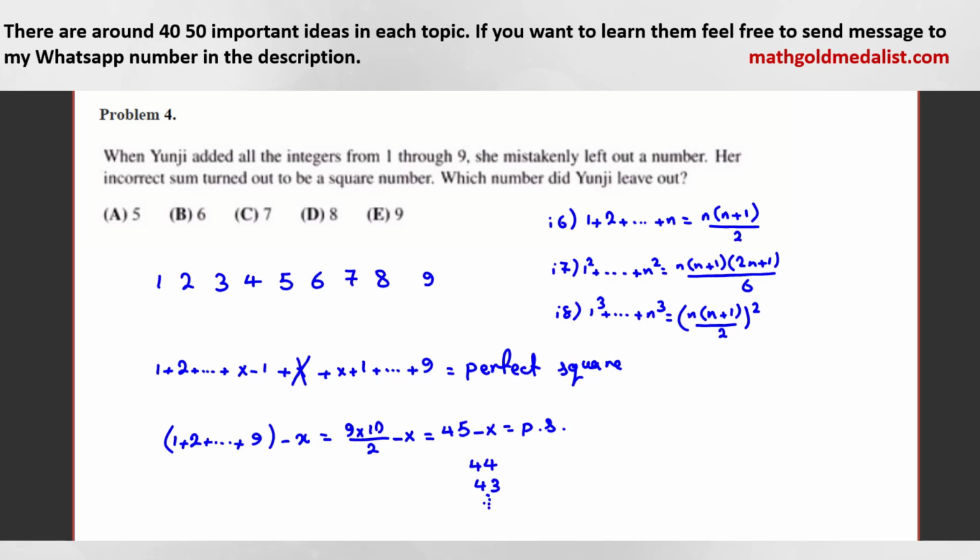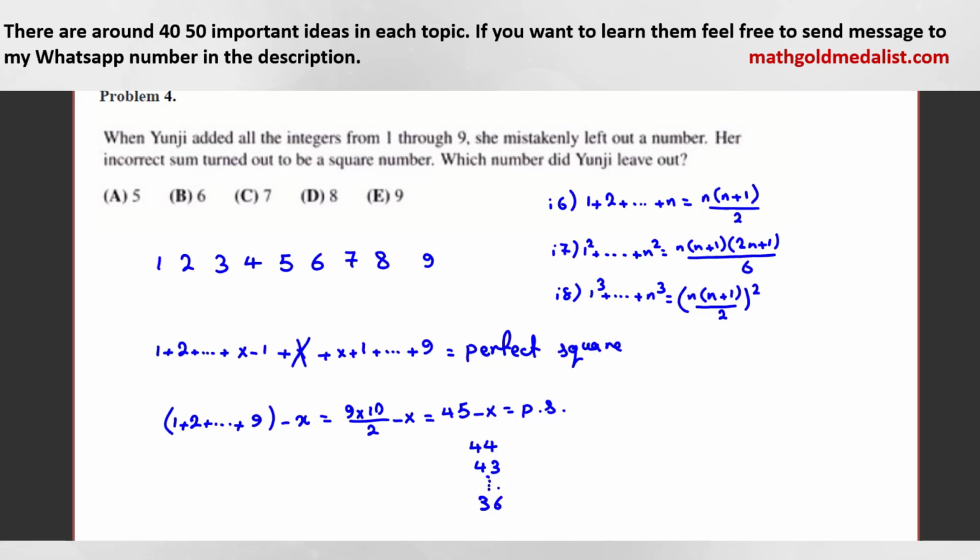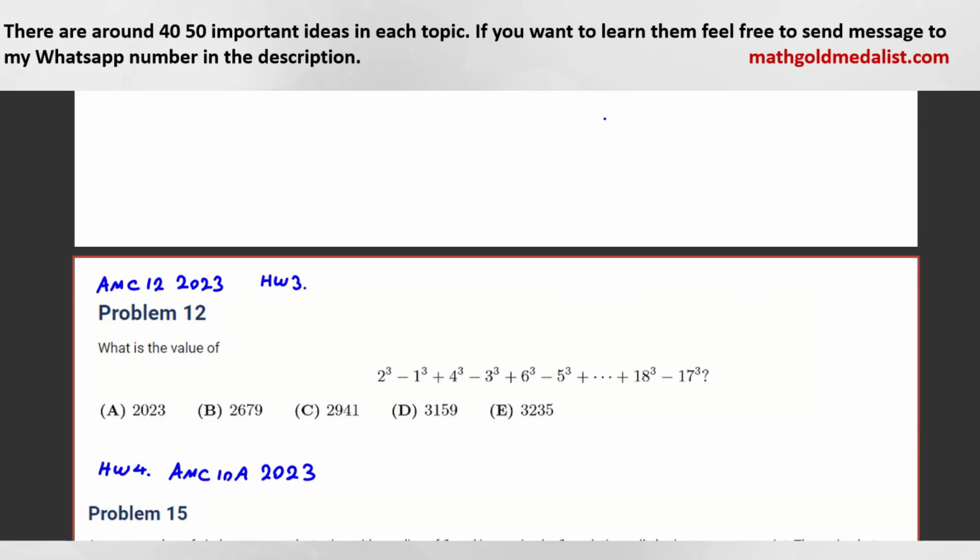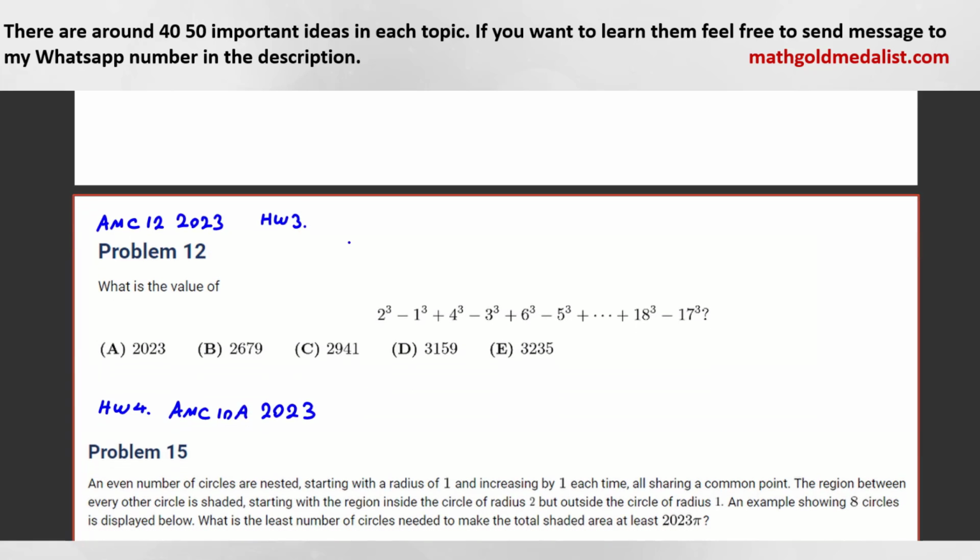Until 45 minus 9, 36. And if you check all these numbers, only 36 is perfect square. So we can conclude x is what? X is 9. So correct choice is what? Choice E. It was problem 4, and the homework related to this one is this homework. Homework related to problem 3 is homework 4.